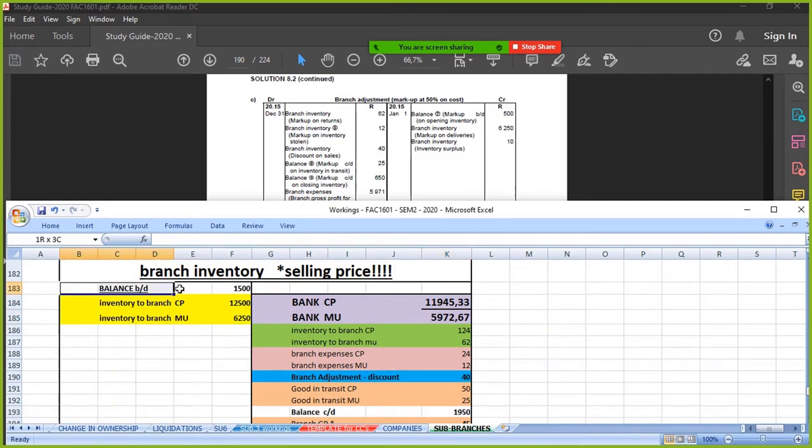Okay, you have a balance here, which is 1,500. Again, you could have split it. I didn't split it, but you could have split it. They've just shown the selling price. Okay, they want us to account for the markup separately. So this markup is the markup on the actual inventory that was sent to the branch. This markup is markup on the balance that you started with.